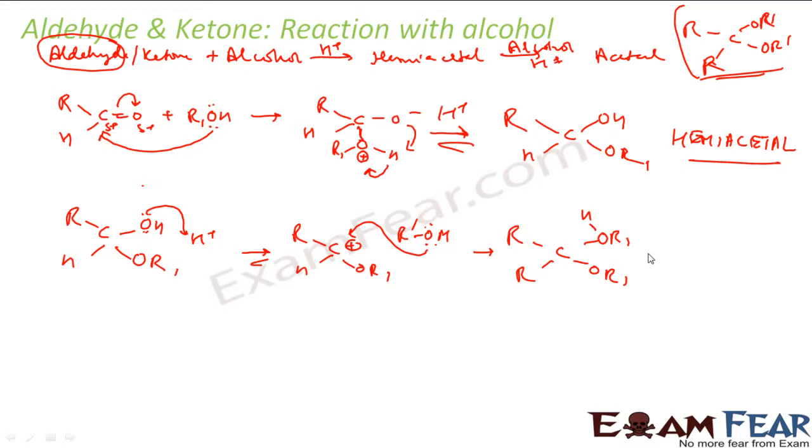Now since this oxygen has given an electron, it will get positive charge. Since there's a positive charge, this oxygen has to get rid of it. So hydrogen will say, okay, I'll break this bond, and hydrogen will go off. And this is my acetal. So this is the mechanism for the reaction of aldehydes and ketones with alcohol. Preferably aldehydes react more.